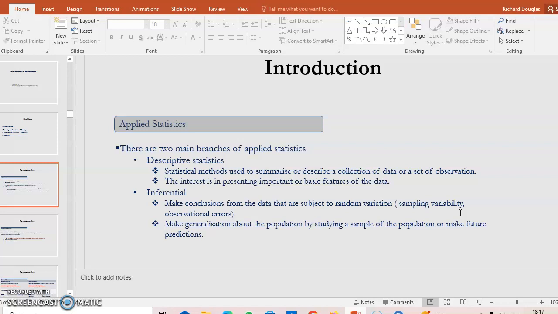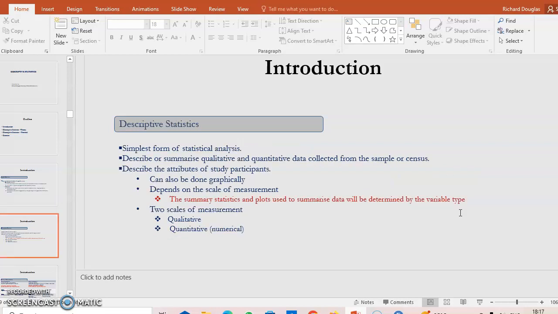For example, if your research study is about testing hypothesis, through inferential statistics, you can be able to test your hypothesis, whether to reject your null hypothesis or whatever. All those kind of stuff can only be done through carrying out inferential statistics.